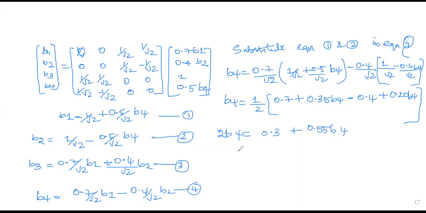So just check whether it is correct or not. 2 minus 0.55 is 1.45, so B4 is equal to 0.3. You're getting it as 0.2068.